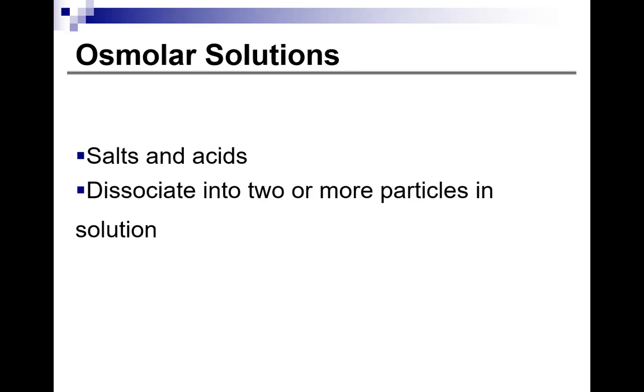When you put glucose into solution, if you put a cube of sugar like glucose into the water, yes, it's going to dissolve. But when you get down to the molecule, C6H12O6, that stays together. It doesn't dissociate into those individual components.